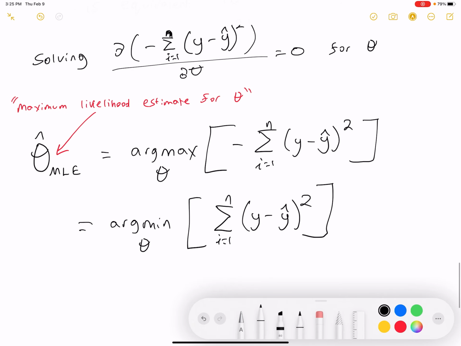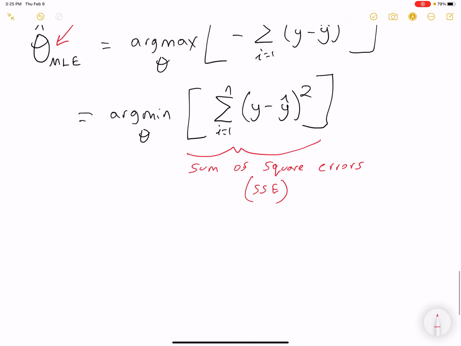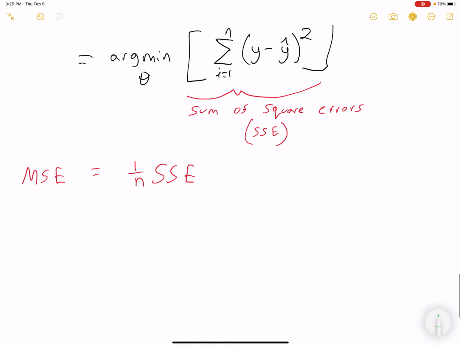And that is not quite mean square error, but this is the sum of square errors, which I'll abbreviate SSE. To get the mean square error from the sum of square errors, we just divide by the number of data points. And again, this 1 over n is a constant.